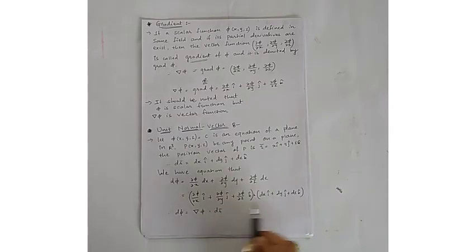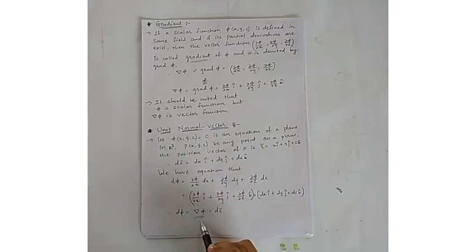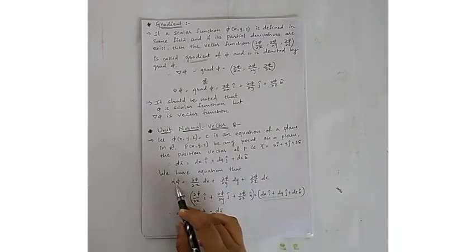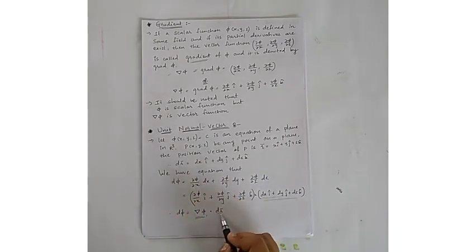You can take the dot product: del phi by del x into dx plus del phi by del y into dy plus del phi by del z into dz. So this is my nabla phi or grad phi. You can read it as grad phi dot dr, this is vector dr. So d phi is equal to grad phi dot dr bar.